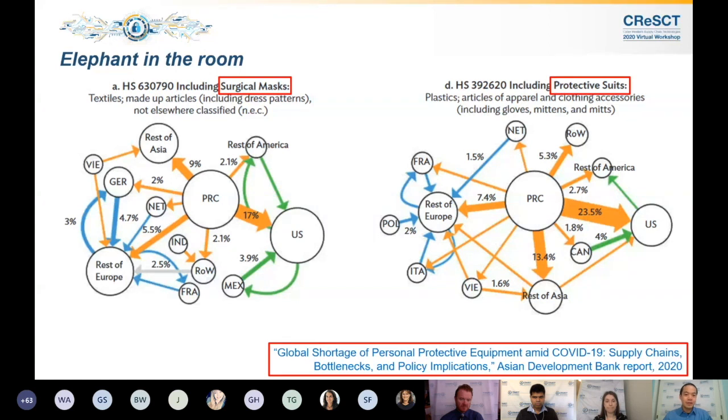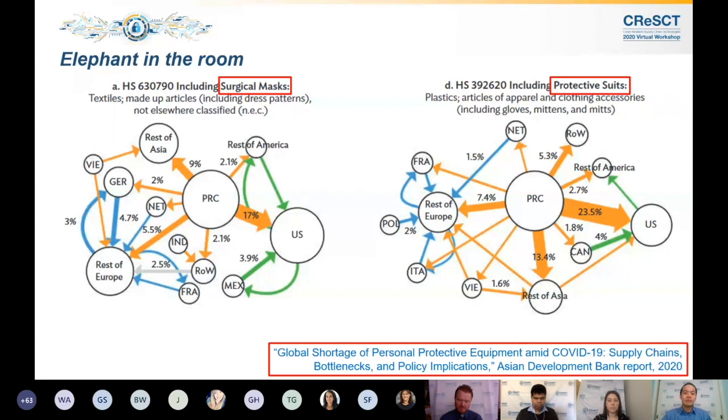And you can see that there are certain parts of the world that are predominantly exporting these products. If you look at the position of the United States, it's predominantly an importer rather than an exporter. And you will see that other countries, most notably the People's Republic of China, are the exporters of a lot of these commodities.